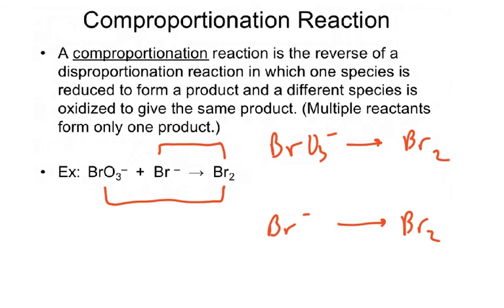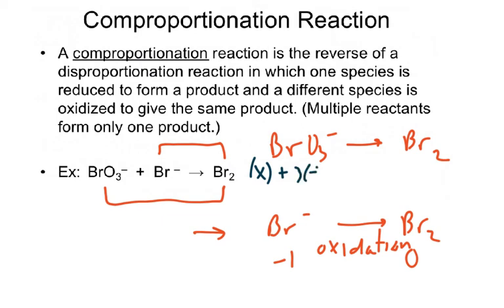Now, the one on the bottom over here, you're going from -1 to 0, so this is actually your oxidation. You could see you're going from -1 to 0, so it's becoming less negative or more positive. The other one, let me show you here, a bromine, let's call it X, and then so we can find the charge, there's 3 oxygens here, each at -2, set it up equal to -1.